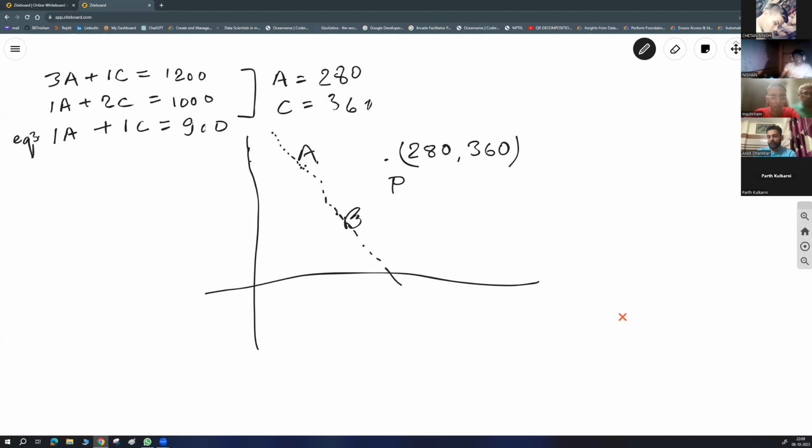Fine. Now write a P dash point that is towards the side of point B. What should I write? A point P dash that is towards the side of B, means shifted towards B. Okay. Here. Yeah, anywhere will do. P dash. Yeah.